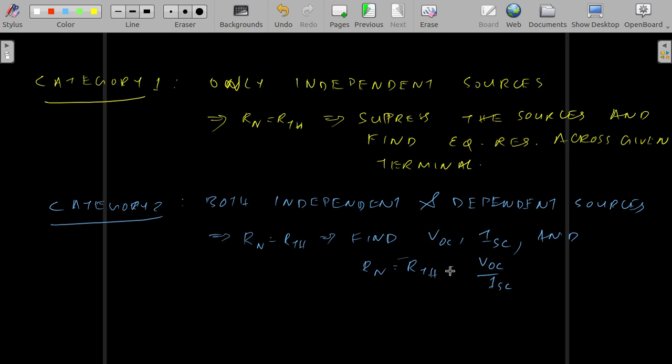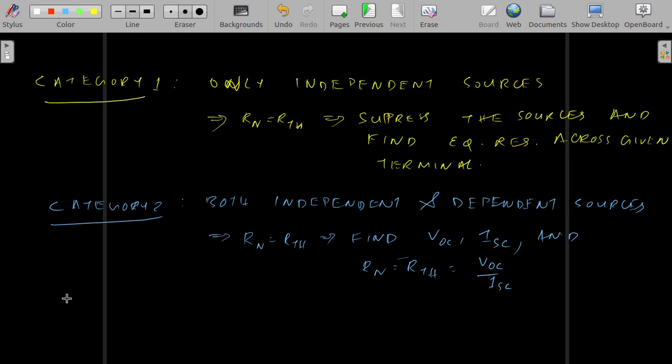That is, we have to go for the basic definition. In category 1 this is easy because you can just suppress and find the equivalent resistance, but here it is not. Here we will have to use the actual definition, V open circuit by I short circuit.